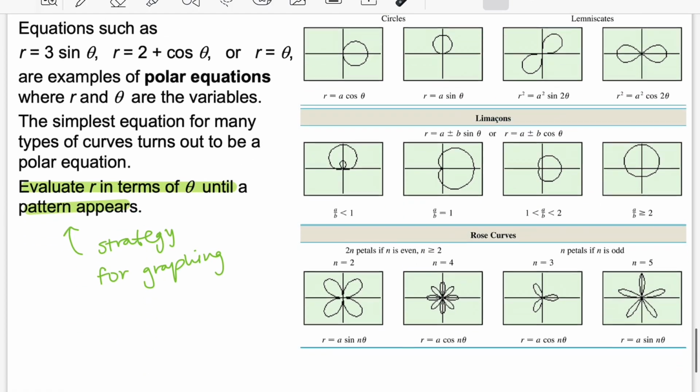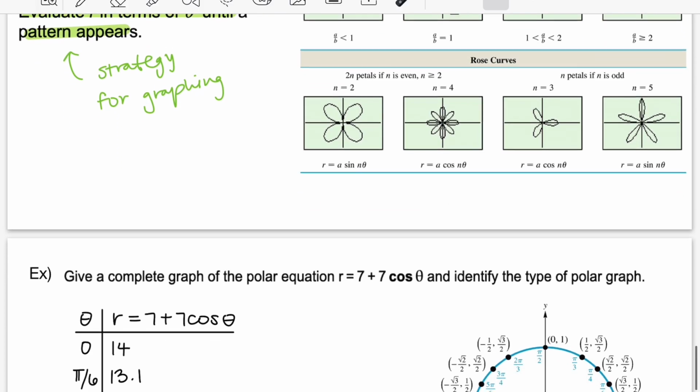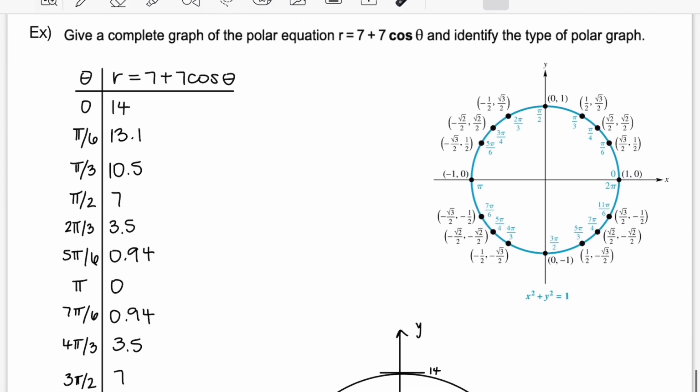All right, so let's look at this example here. What we want to do is give a complete graph of this polar equation and identify the type of polar graph. So, like I said, what we're going to do is evaluate r in terms of theta until a pattern appears. So, unfortunately, what we're going to have to do is just plug in a bunch of different values for theta. And I did that here for us already.